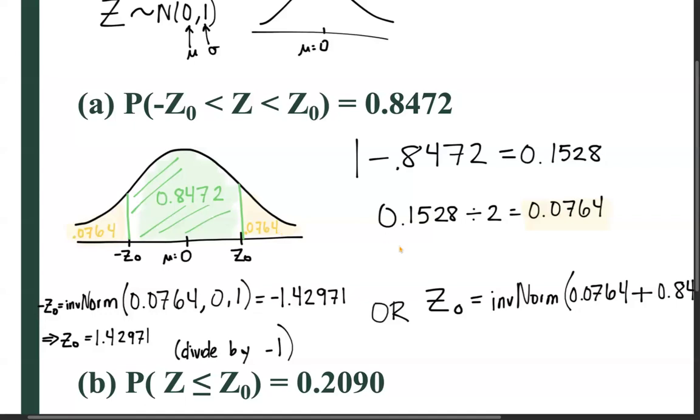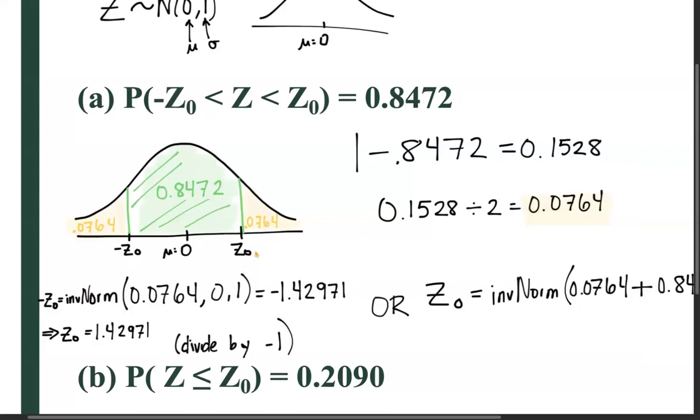So when I divide it by 2, I get 0.0764. So because the normal distribution is symmetric, I'm going to get 0.0764 to the left of negative z0, and then I'm going to get 0.0764 to the right of this positive z0.